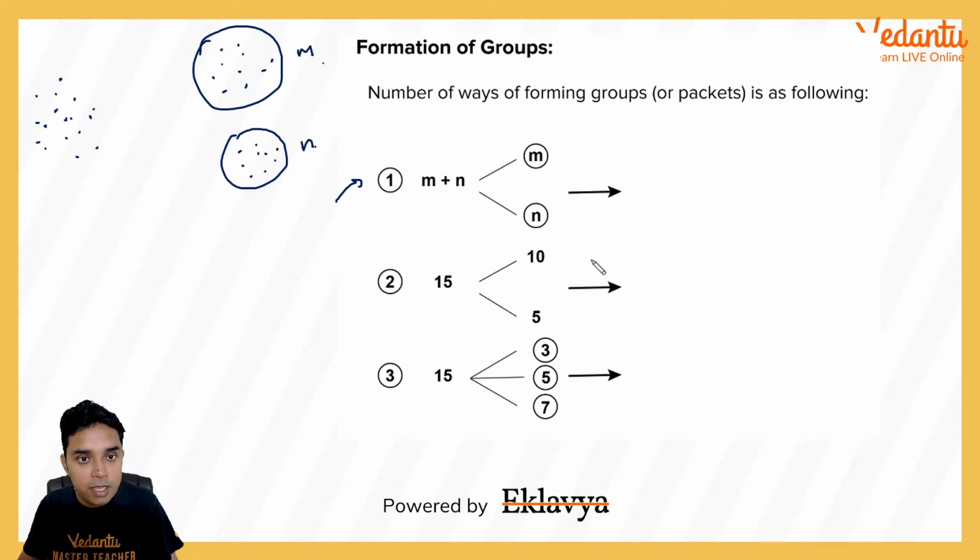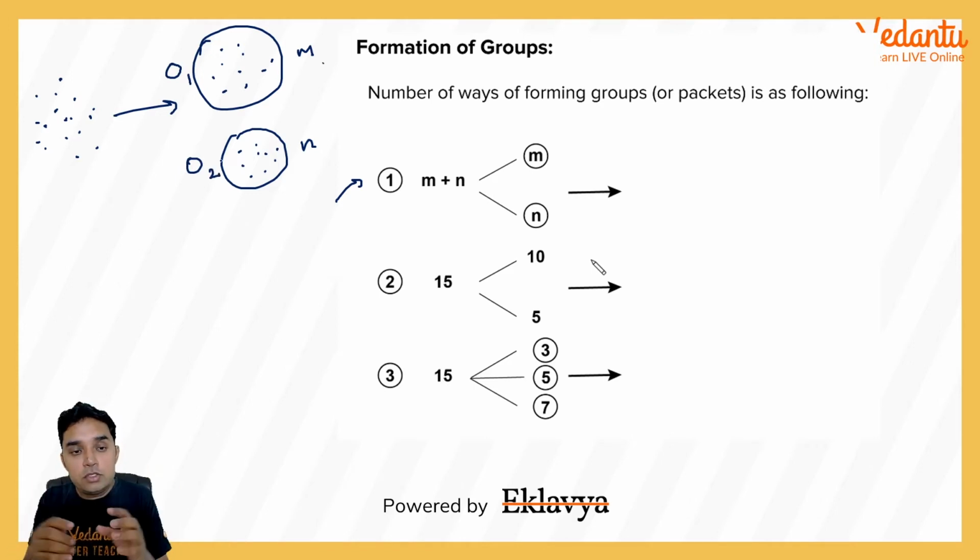So what we will do, we will first divide these objects into two groups of size m and n, and then we will distribute these two new objects. I'm calling one of the groups object 1 and the other group object 2. So these objects we will be distributing to these persons.